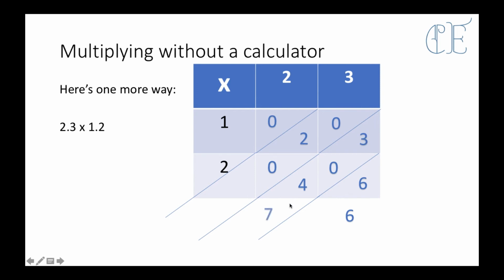Well, 4 and 3 makes 7. And then underneath this line, I've got 2. So 2 goes there. I don't need to worry about this because it's a 0. If it was something else, I'd just add it on the end, okay? So again, 276. I've got 1 number after the decimal point there, 1 number after the decimal point there. So my final answer is 2.76 because I've had to go back 2 decimal places.